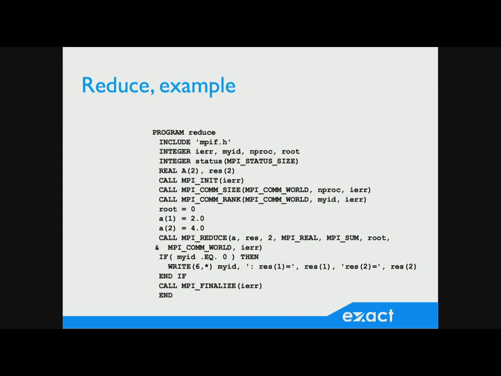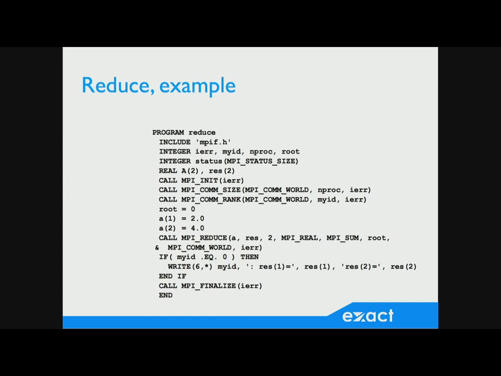So if I sum, it is 2 times the number of processors for element 1, and 4 times the number of processors for element 2. Is it clear?